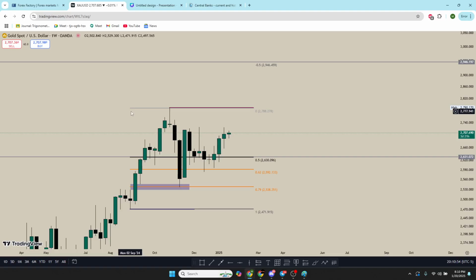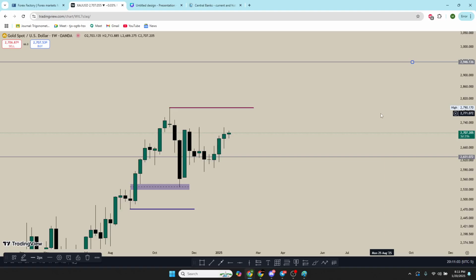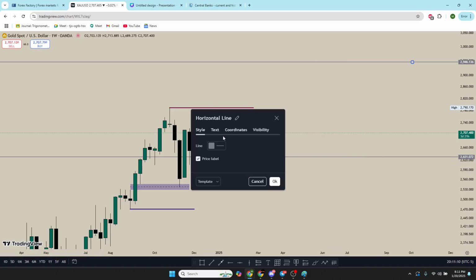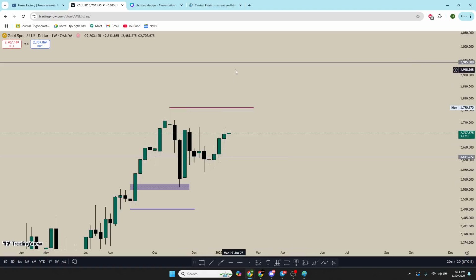So we have an expansion level here, and I can configure this to 2946. So actually we'll do 2945. We have 2945 as a negative 0.5 expansion level.